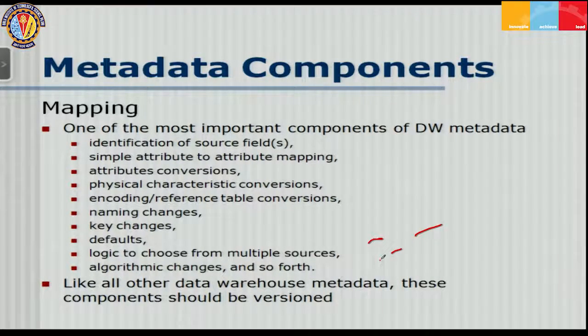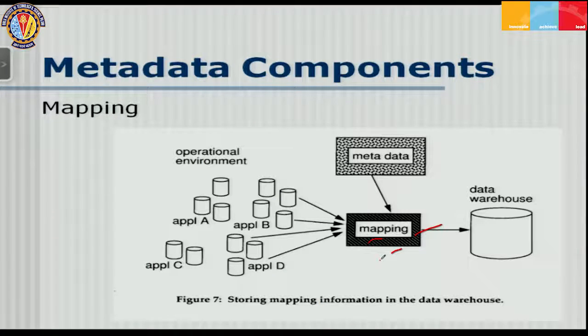It includes identifying source fields, simple attribute to attribute mapping, attribute conversions, physical characteristic conversions, encoding, reference table conversions, naming changes, key changes, defaults, logic to choose from multiple sources, that means if data is available in multiple sources, what kind of logic you can use, and any algorithmic changes, and the list is endless. Like all other data warehouse metadata, these components should be versioned. In fact, the entire metadata should be versioned. And this is the mapping part.